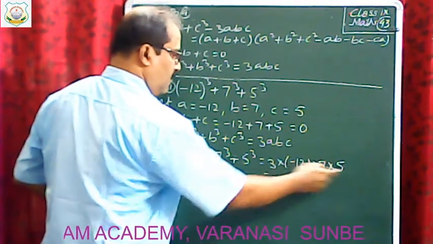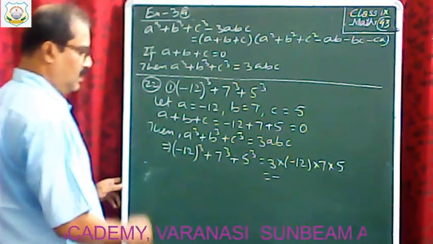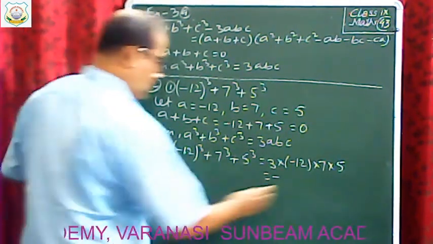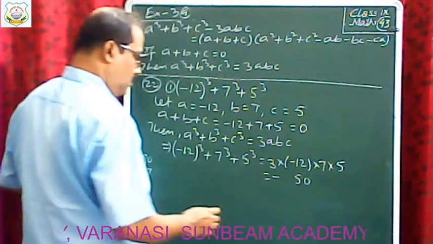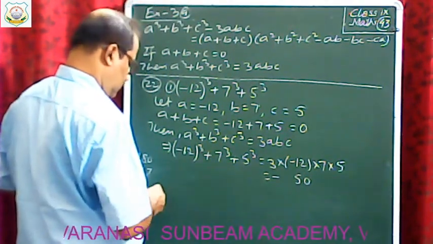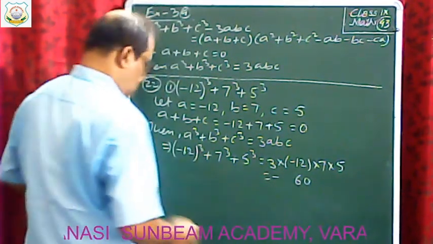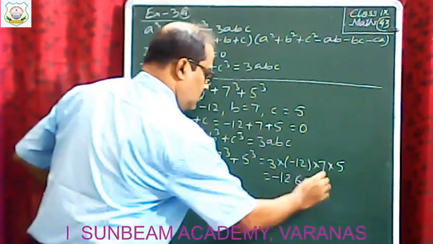Minus 5 into 12, 60. 60 into 3, 180. 180 into 7. Yes, that is your answer.